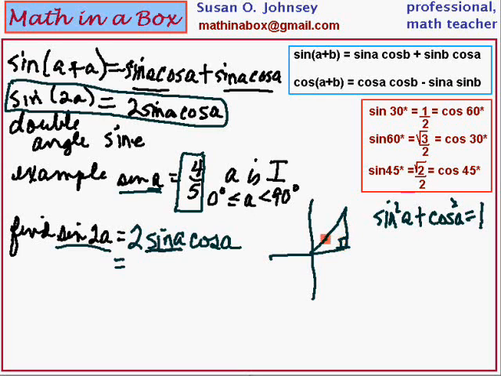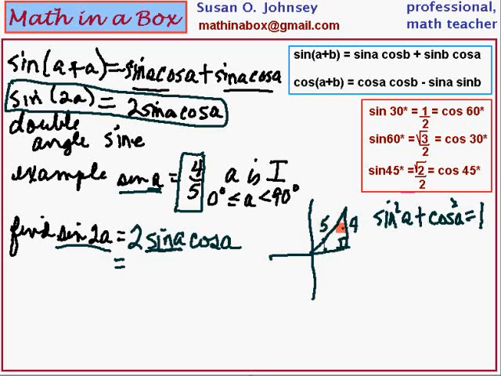Here's the triangle, reference triangle. Here's the angle that we're referring to, the A, and the sine is the opposite side divided by the hypotenuse. So the 4 is the opposite side, the hypotenuse is the 5.